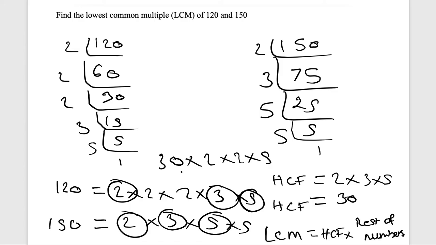So 30 multiplied by 2 is 60, 60 multiplied by 2 is 120, and then 120 multiplied by 5 is going to give you an answer of 600. Okay, so the lowest common multiple of 120 and 150 is 600. And that would be your answer.